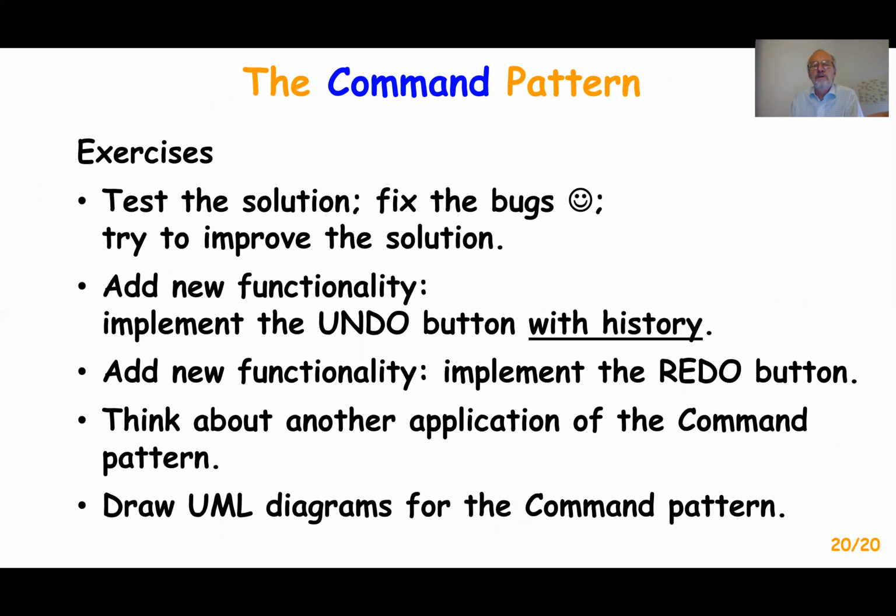For example, if you remember, we had arrays with fixed size in my code snippets, so you could just try to make the solution more generic, replacing the arrays with some more advanced data structure. Try to add history to the undo button. Now, as you might see, the implementation of the undo functionality stores only the latest action.